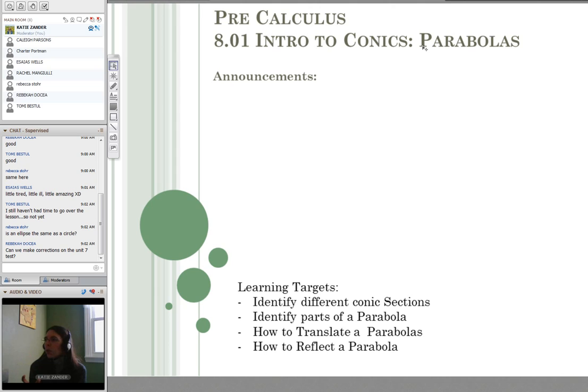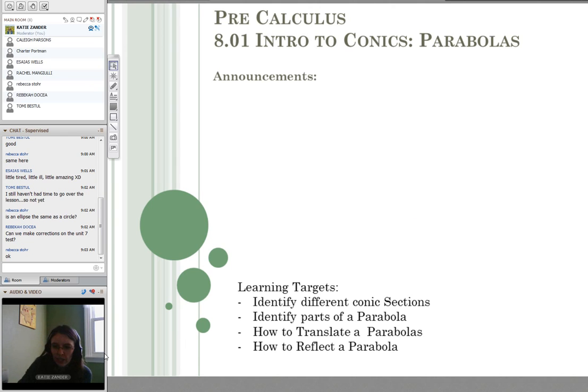We will explore that in depth when we get to that lesson, and I think it might actually be the next one, 8.02. But it is coming up. They technically are not the same thing, but they have very similar formulas, so there are only slight differences between the two formulas.